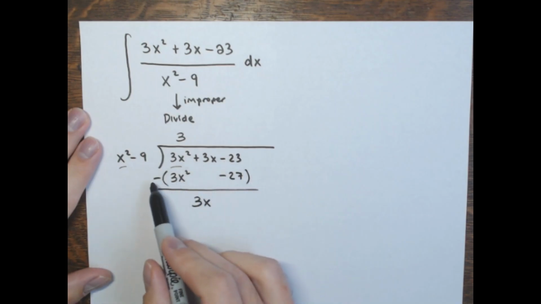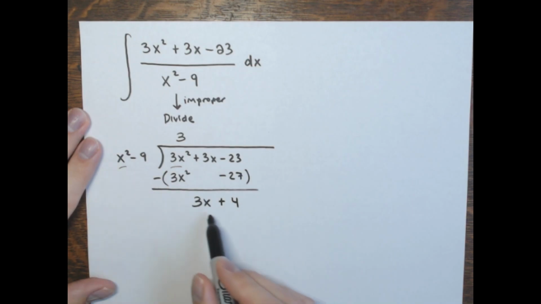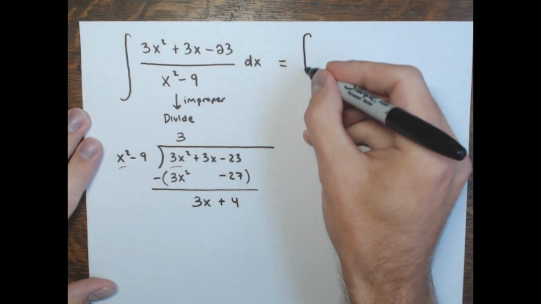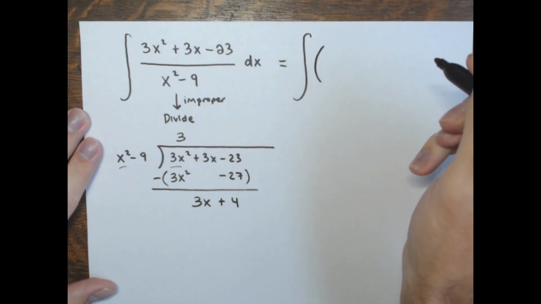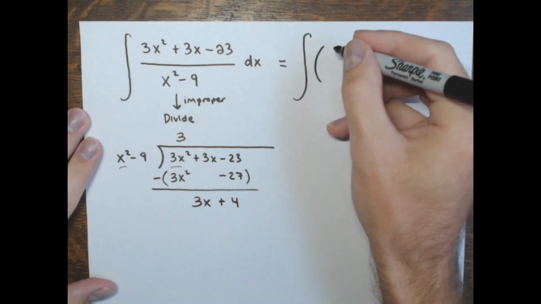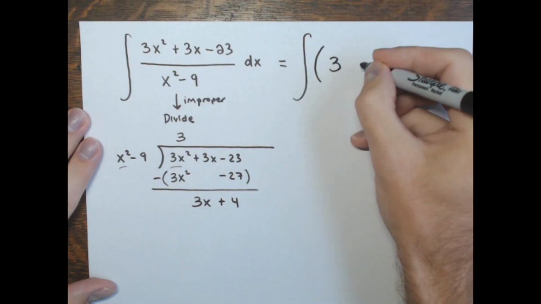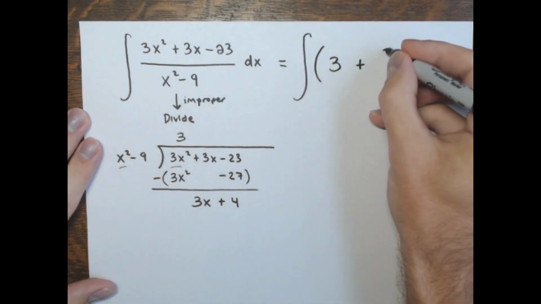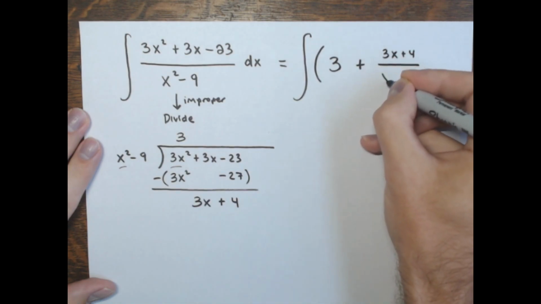That'd be negative 23 plus 27, so positive 4. And there's a remainder that's a degree smaller than the divisor, so I'm writing it this way. The integral of rewriting this fraction as the quotient, 3, plus a proper fraction where you have your remainder over divisor, 3x plus 4 over x squared minus 9.